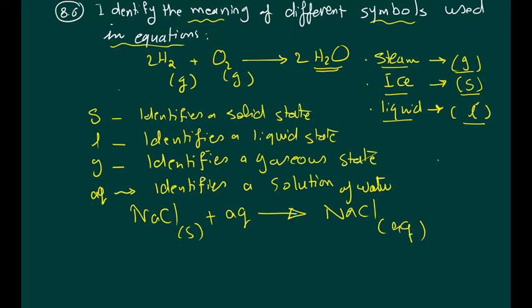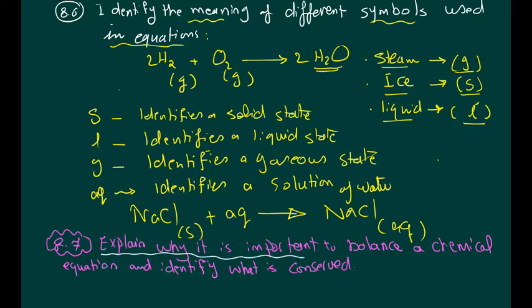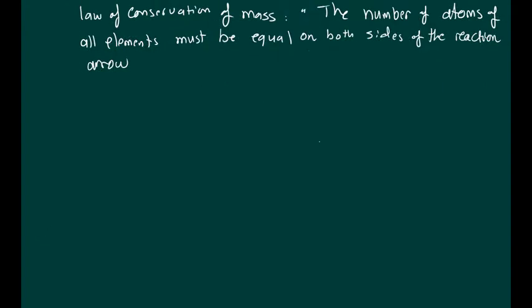In KPI 8.7, explain why it is important to balance a chemical equation and identify what is conserved. Looking back at the law of conservation of matter, which says that the number of atoms of all elements must be equal on both sides of the reaction arrow.